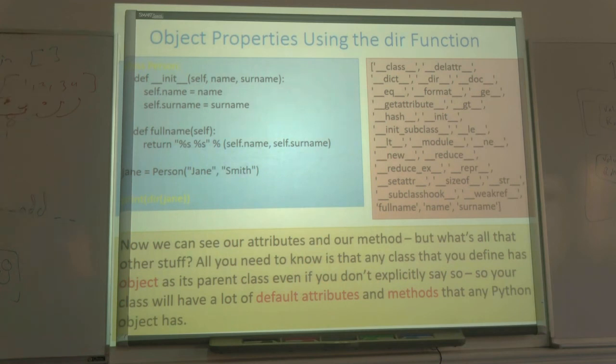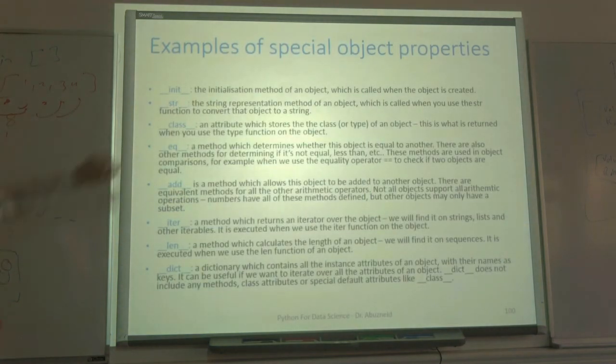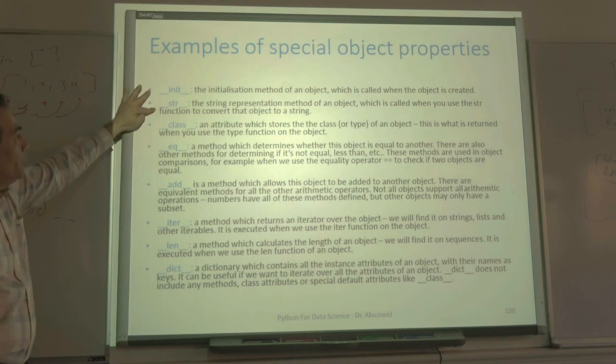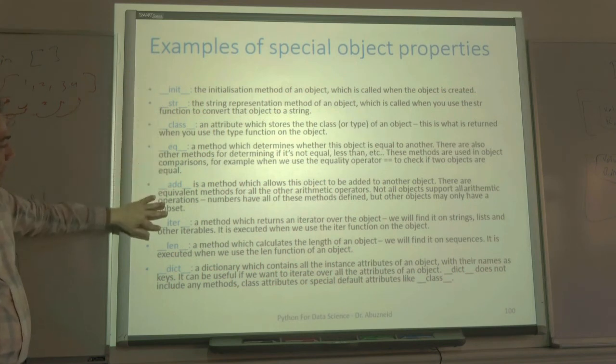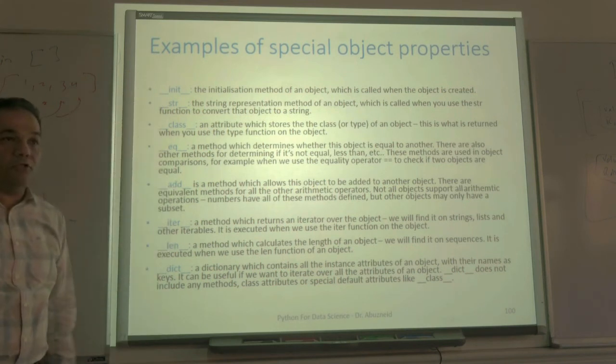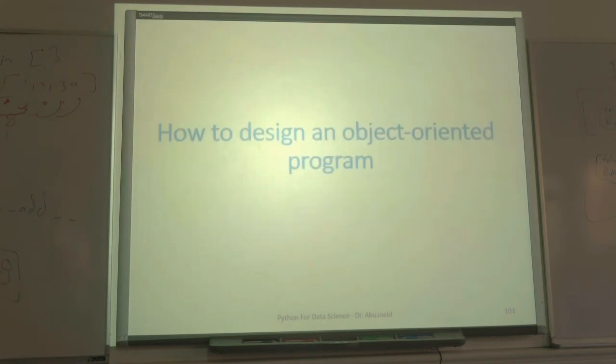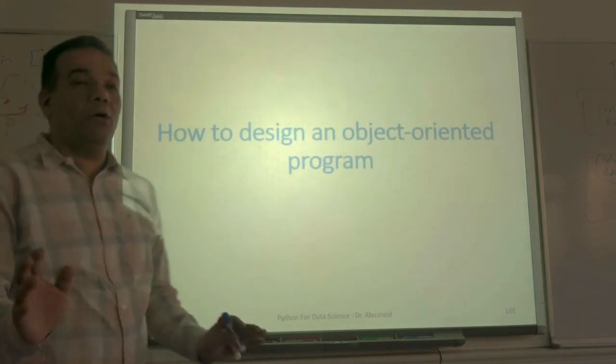Same thing, object, properties, whatever. In here, all of these, init, you could override it: str, class, eq, add, iter, len, many. These are just examples of things you could override. It's such a cool language.